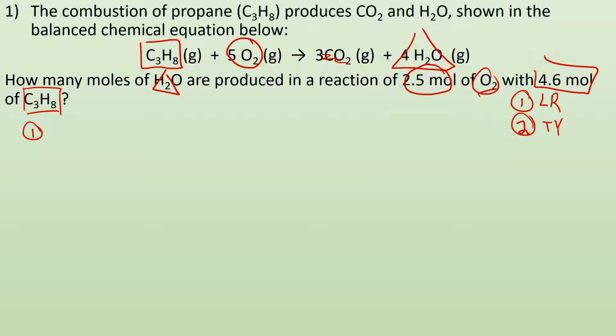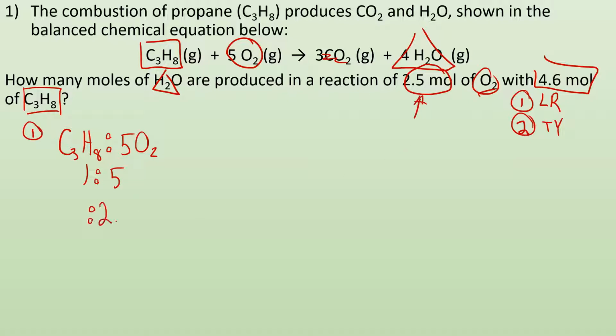So limiting reactant, I got to look at the 2 things that I'm starting with, right? So I got to look at my ratio between the propane, C3H8, and the oxygen. Right? It's a 1 to 5. Propane needs 5 moles of oxygen to react with. So now I'm just going to pick one of those things. I'm going to go, all right, why not O2? I'm going to use the oxygen.